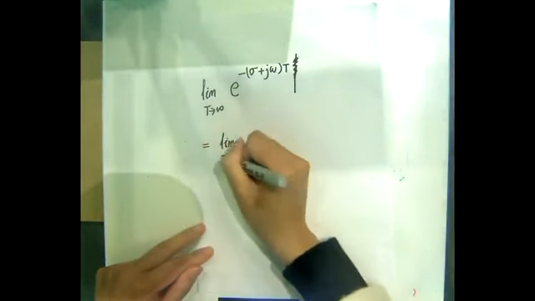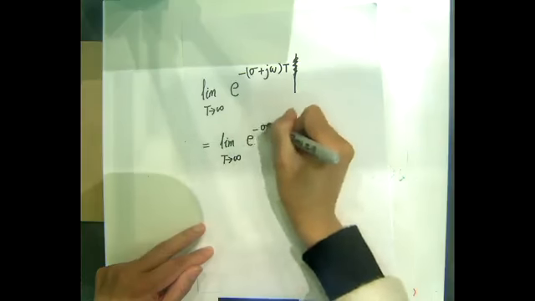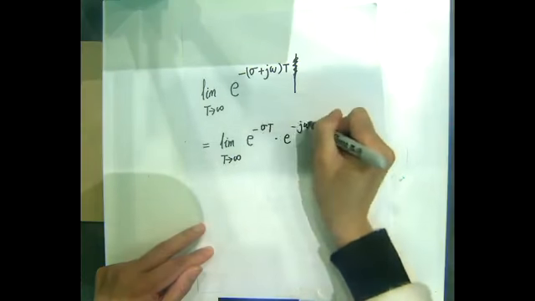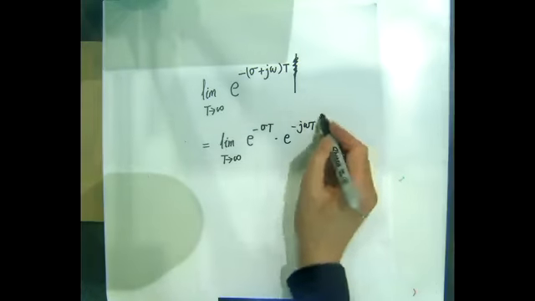This one will be the limit as t goes to infinity of e to the minus sigma t and e to the minus j omega t. Why do I write it in this form? Because for this term, no matter how big my capital T is, the amplitude of this one will always be 1. So this one doesn't cause any trouble.